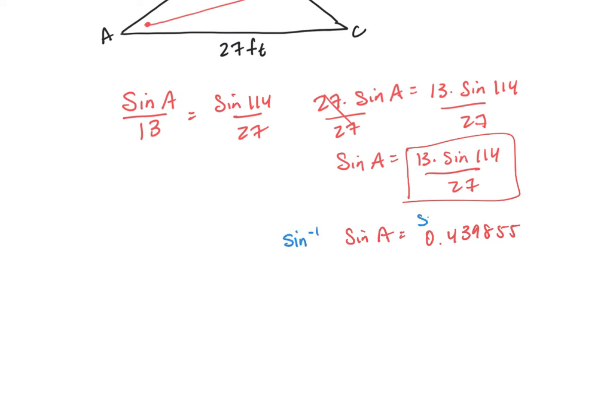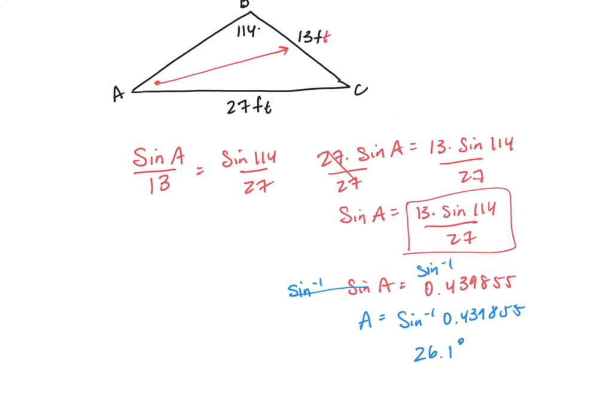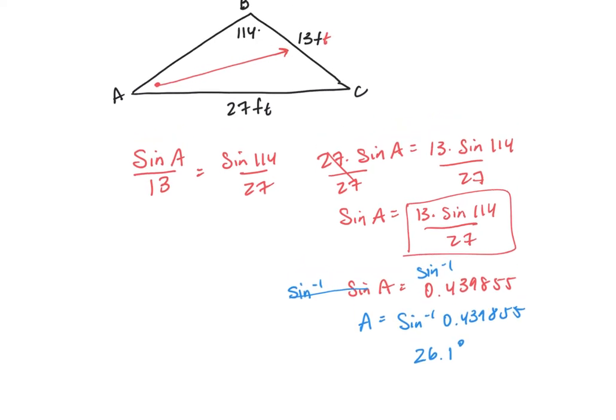So I'm going to do the inverse sine of both sides. That cancels that out, leaves me A. And then I have to throw this part in my calculator, 0.439855. And that gives me 26.1 degrees.